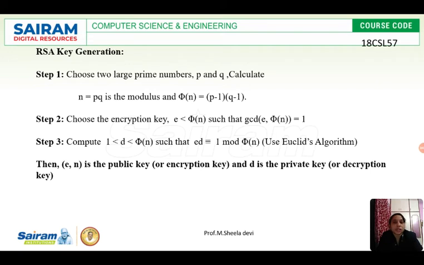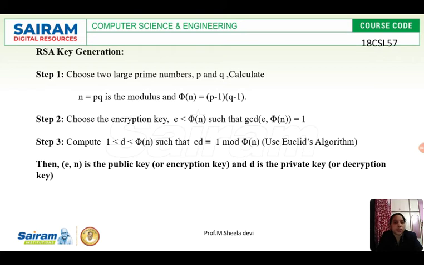The next step is to compute the value of D such that it is greater than 1 and less than phi of n. I have taken E such that GCD of E comma phi of n is 1, and I should also select D such that if I multiply D with E and take mod phi of n, the remainder is 1.